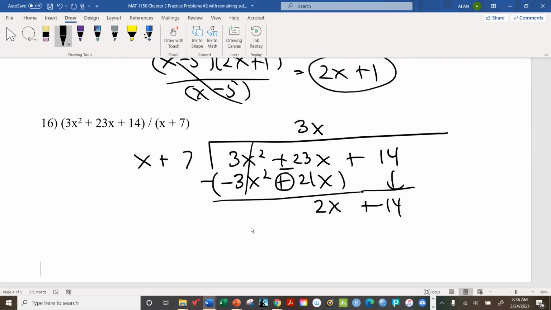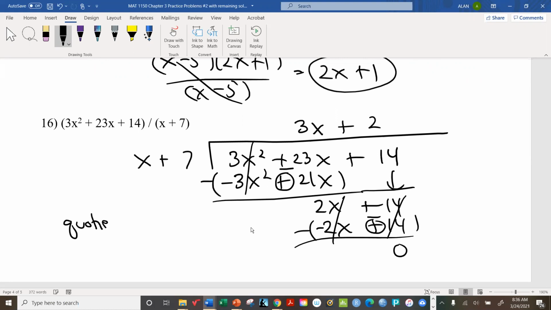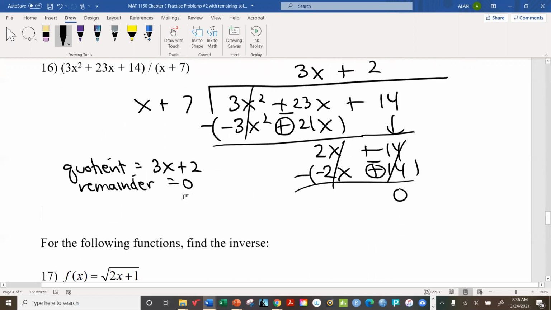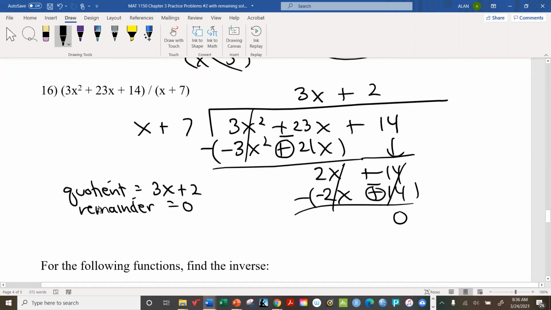Because now if I multiply by 2, what do I have? 2x plus 14. They both drop out. Look at that. So I've got a quotient. It's 2. Remainder is 0. And that's it.